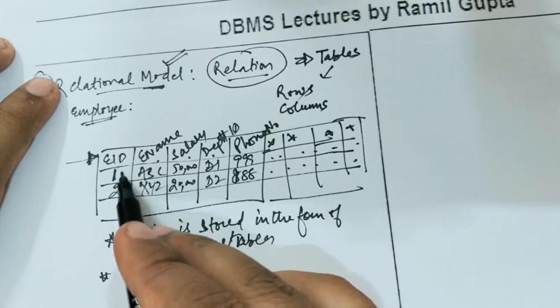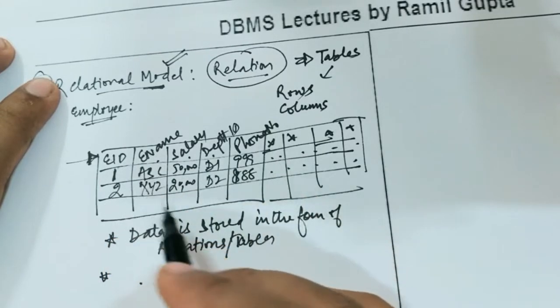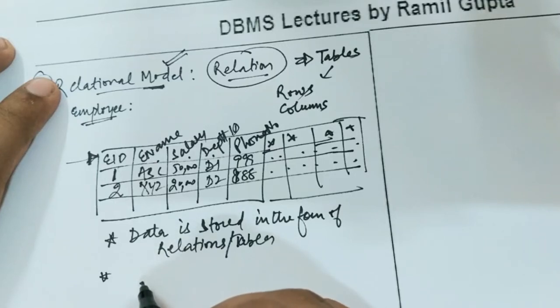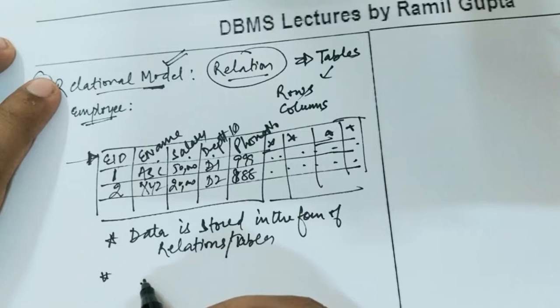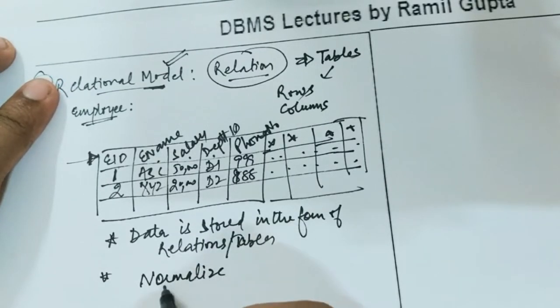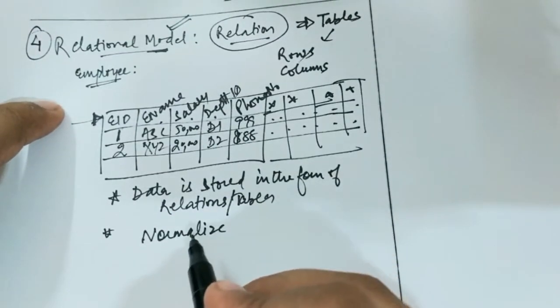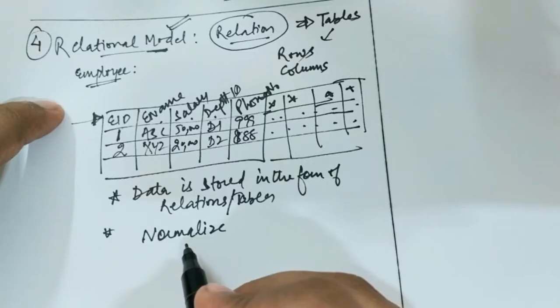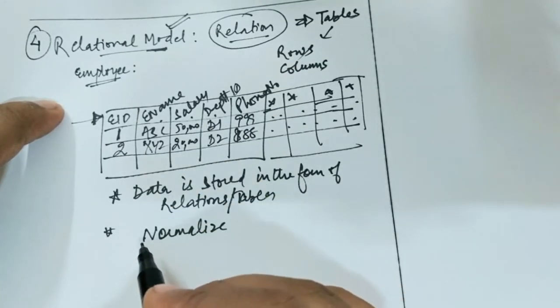When we are trying to save the data into the database, into the basic table, there can be content which can be redundant, but we can keep a check on it, and therefore we can normalize it. We are going to study in detail the concept of normalization and its forms. As of now, just note that we can normalize the content in the tables present.